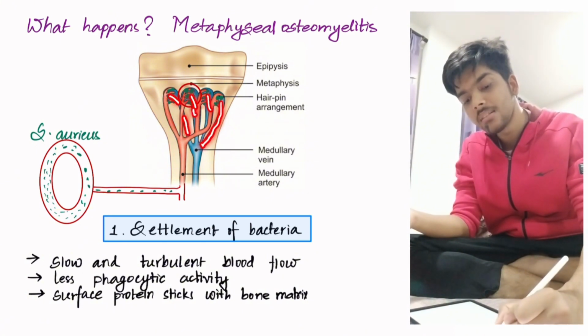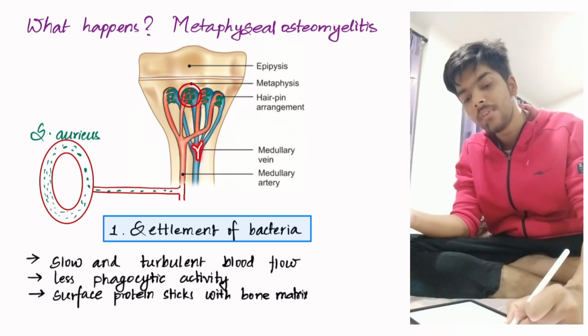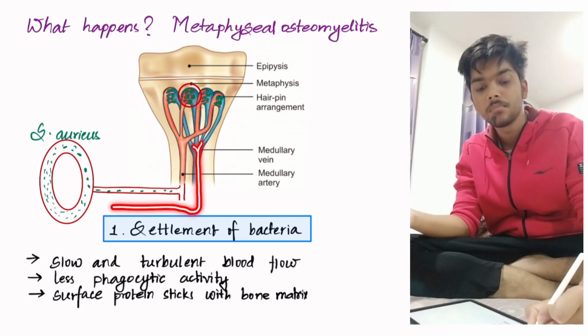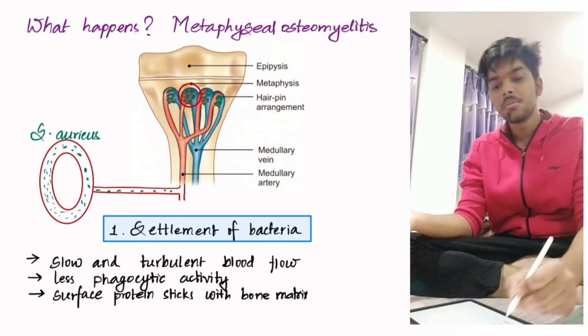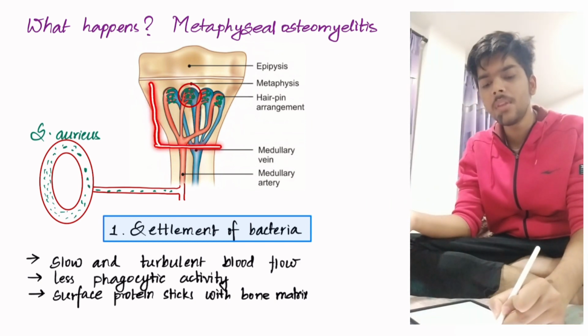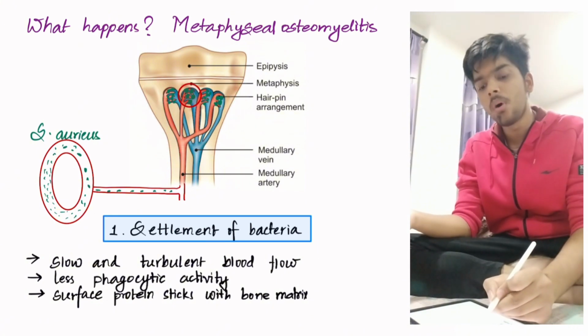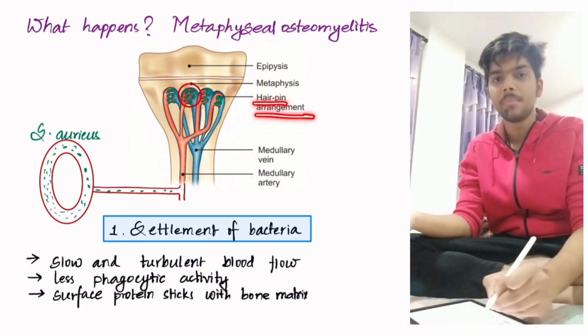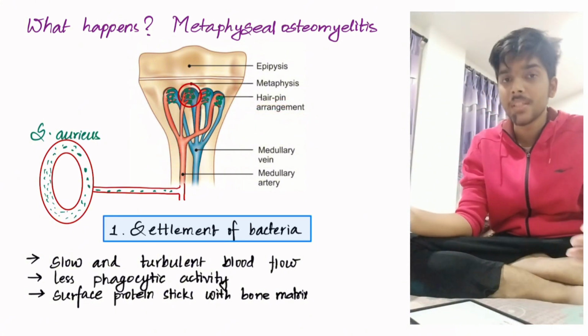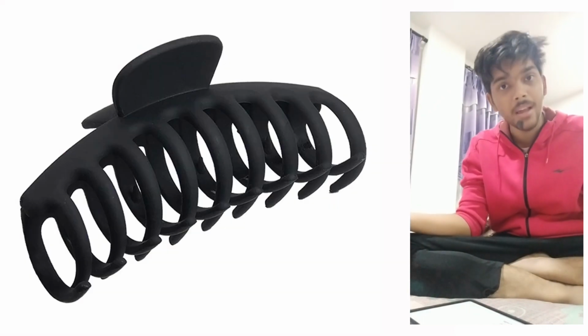And the venous sinuses meet to form the medullary vein that finally comes out. So this particular arrangement of blood vessels that you can see in the region of the metaphysis is what we call the hairpin arrangement, because the arrangement of the blood vessels looks like a hairpin.